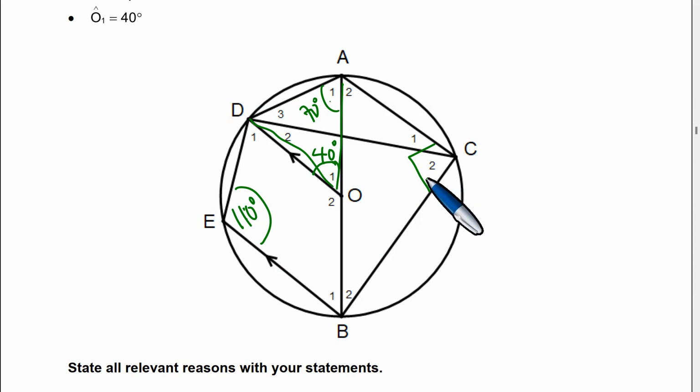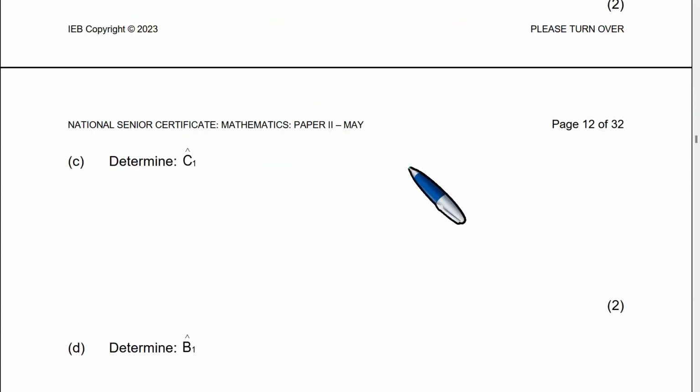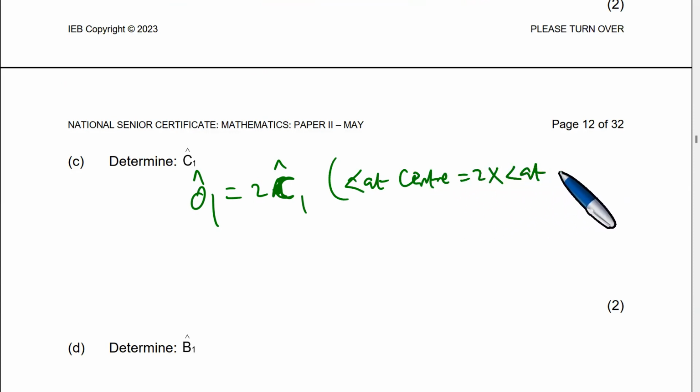But you know that angle O1 is twice C1. Why? Angle at center equals 2 times angle at circumference.